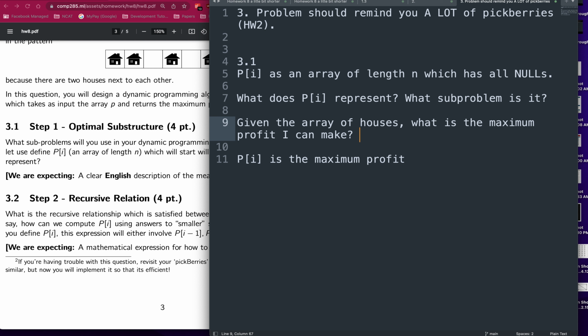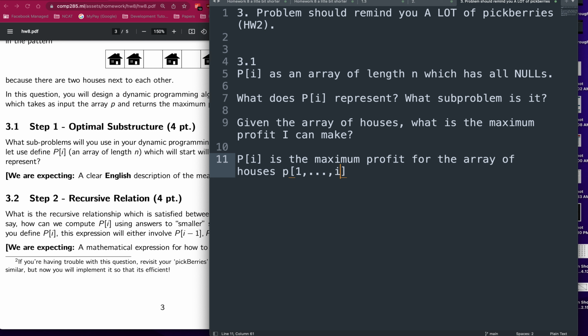And one way to define P[i] is as the maximum profit for the array of houses, sorry, they're called P, so lowercase p, p1 to p[i]. So how much profit can you make if you have access to the 1st to the ith house, right?